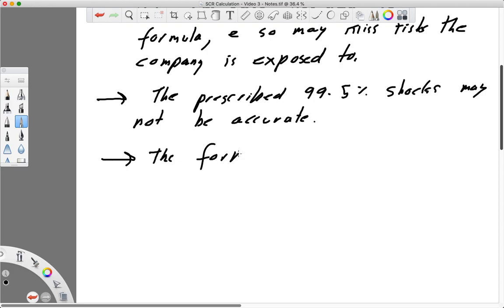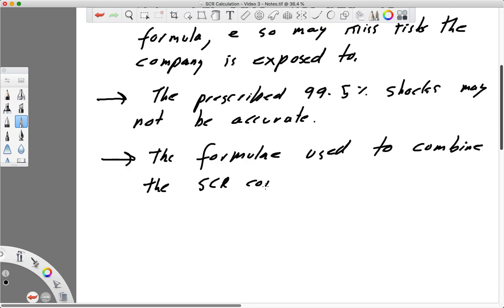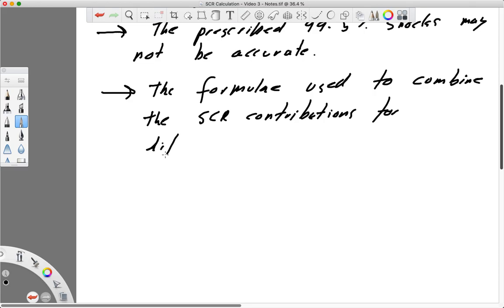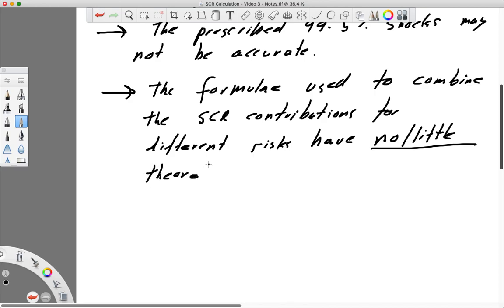So the formulae used to combine the SCR contributions for different risks have no or little theoretical basis. So what do I mean by that?